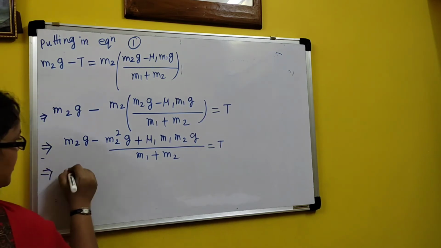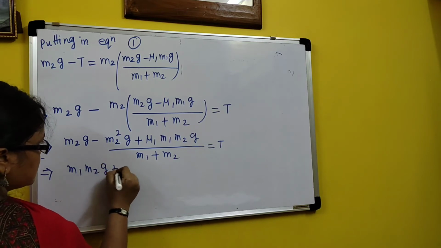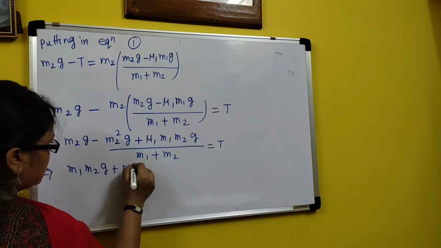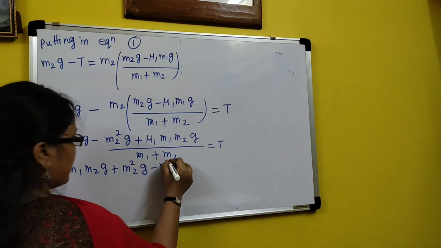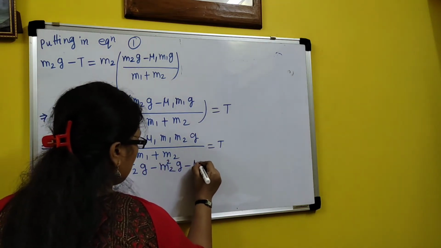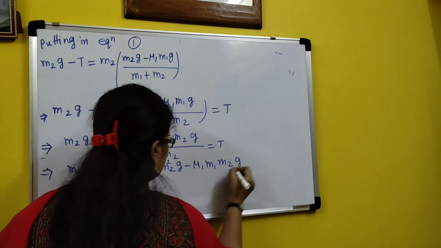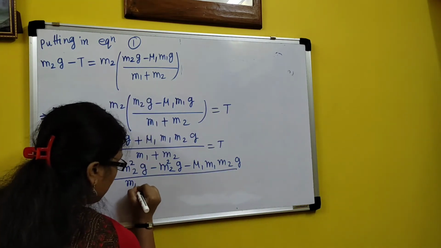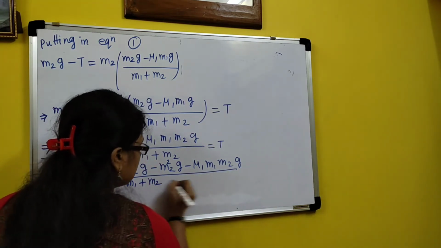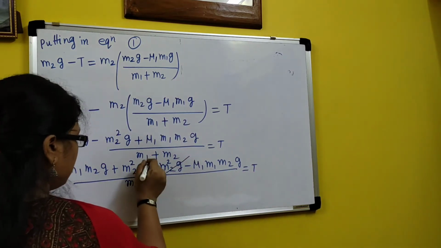So m1 m2 g plus m2 square g minus m2 square g minus mu1 m1 m2 g, whole divided by m1 plus m2, that is equal to T. So this will be cancelled out.